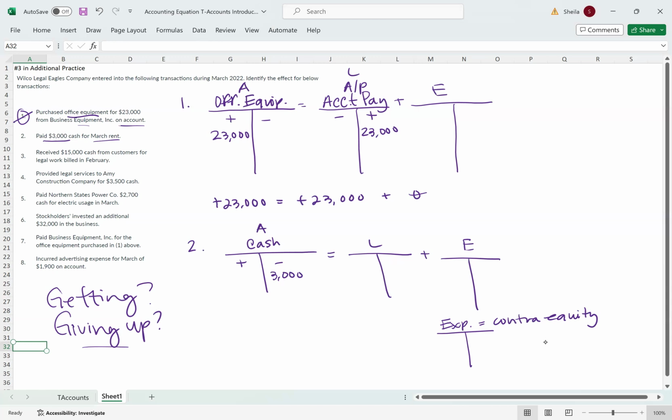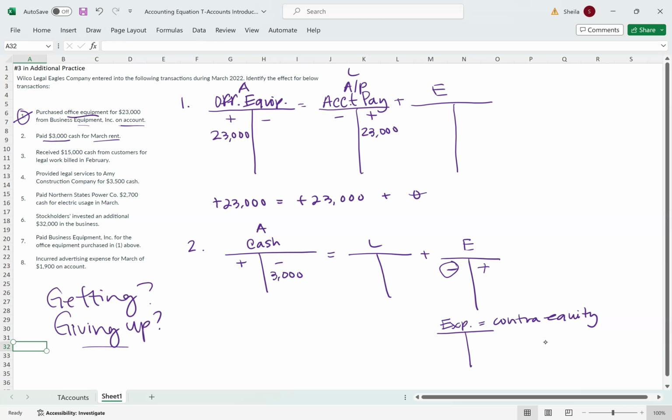If I decrease my assets, I have to do the same thing to the other side. I have to decrease it. Okay, and remember, equity is increased by credits, decreased by debits. So I need to get my equity to go down. Well, how do I do that? Well, I have to do that with a debit.